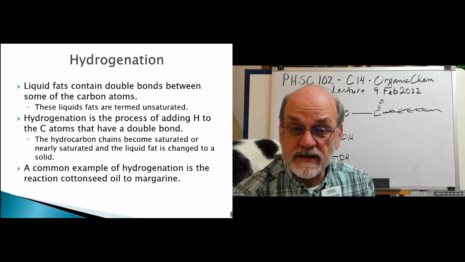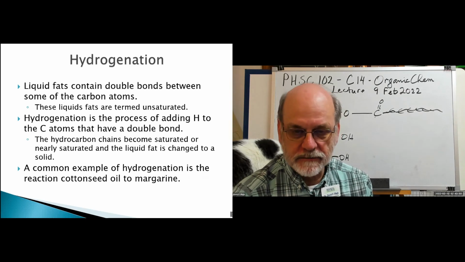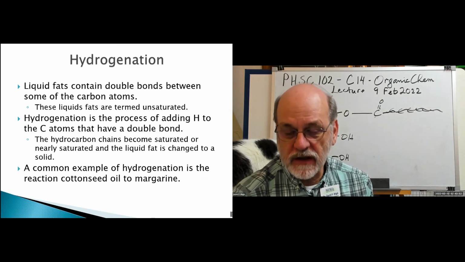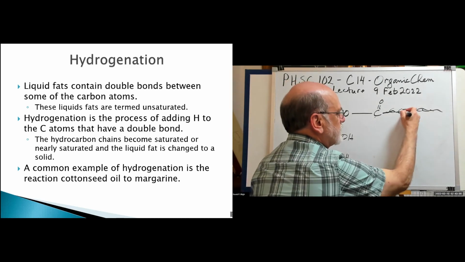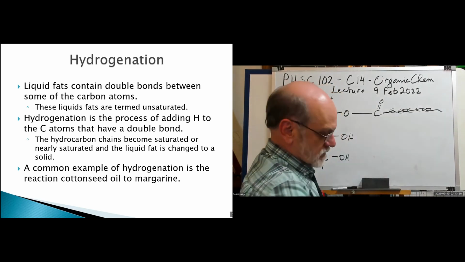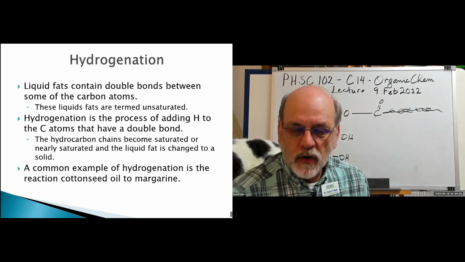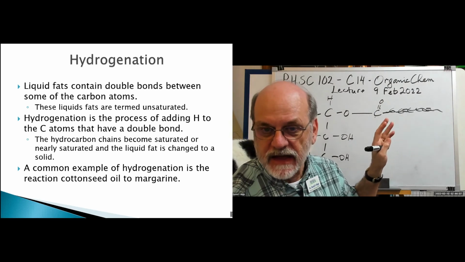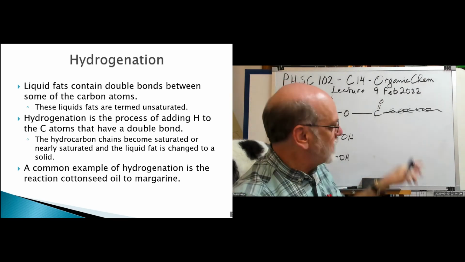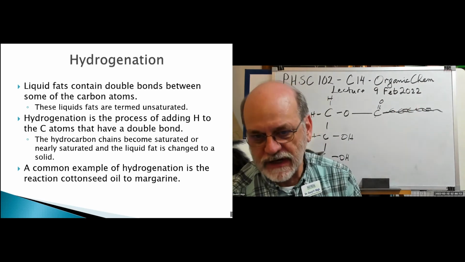And some of these, especially the liquid fats, the oils, are unsaturated molecules. Within that long chain, you may have some double bonds in here. It's unsaturated. So if you want to change that oil into a solid fat, then you hydrogenate it. You add hydrogen across those double bonds, and now it's solid at room temperature.